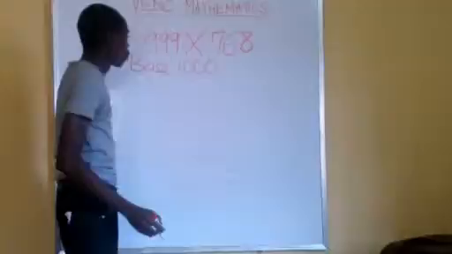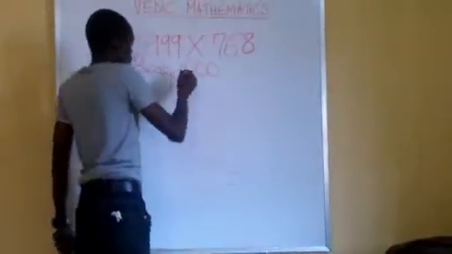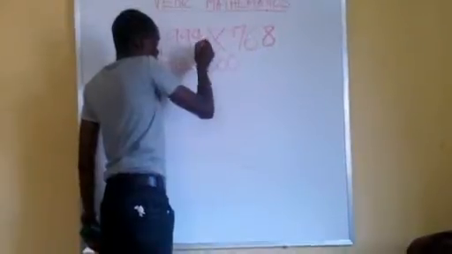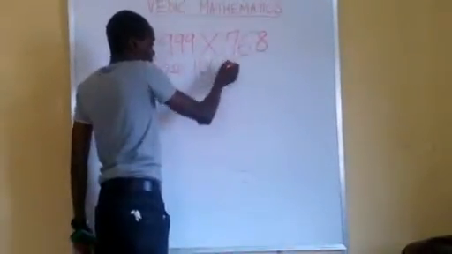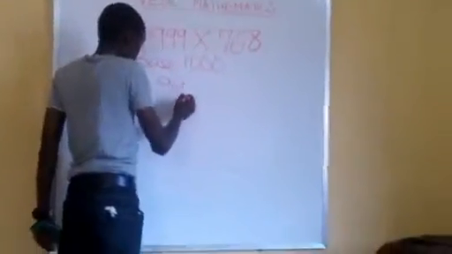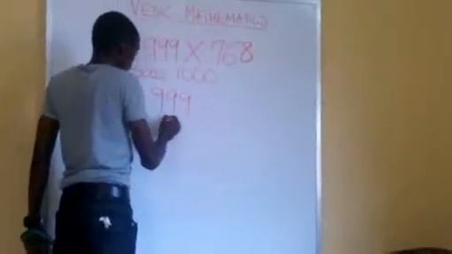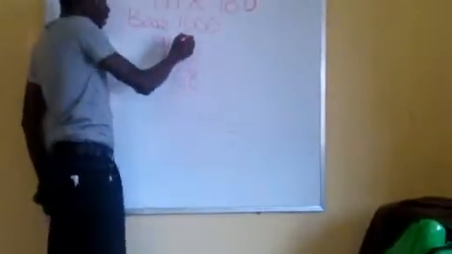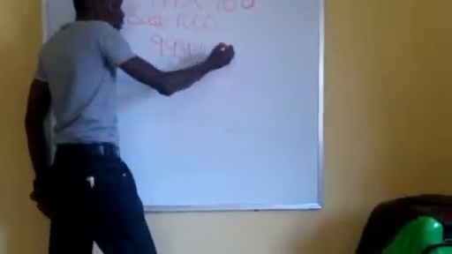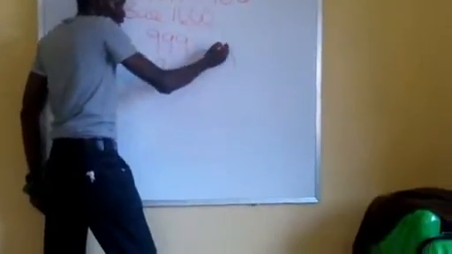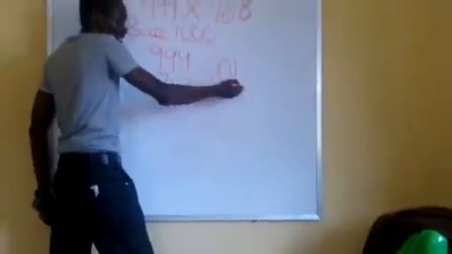So the first step, we're going to subtract 999 from 1000 and 768 from 1000. So we write both numbers down. We have 999 and 768. 1000 minus 999 is 1. We have 3 zeros, so we're going to add 2 zeros to create 3 digits here.